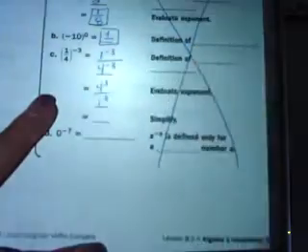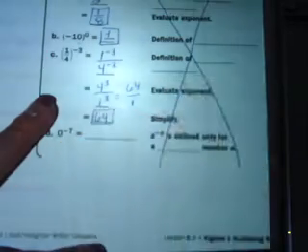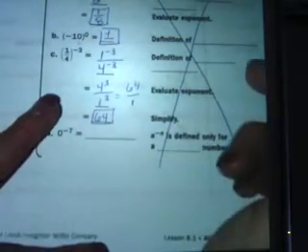I need to take the reciprocal. So that's going to become 4 cubed over 1 cubed. Simplify from there. What is 4 cubed? We know it's going to be 64. 1 cubed is 1. 64 over 1 is just 64. It's just the same step every time. You just got to follow different steps.